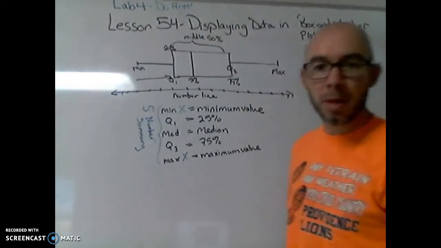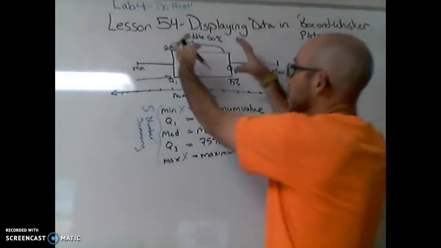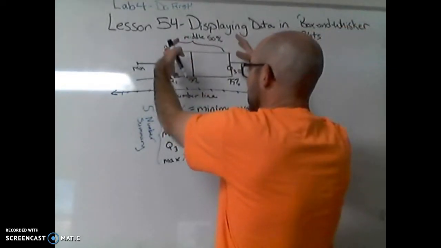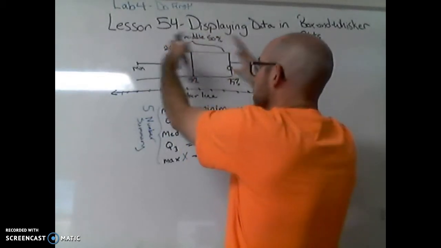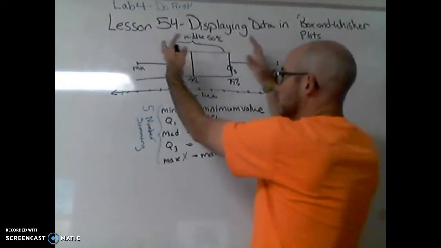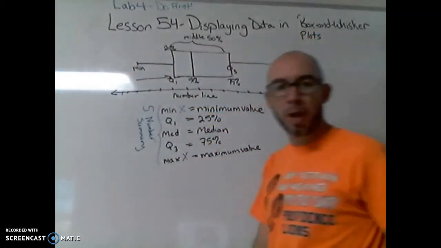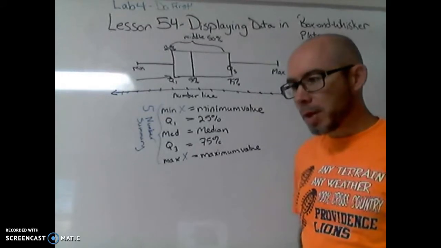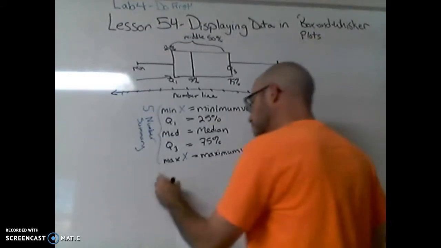Those 5 things are your 5-number summary. They tell you something about the middle of your data. They tell you about this middle 50%, where that median is, and how stretched out it is. If it's really tight, it means a lot of your numbers are really close, and if it's spread out, it tells you that too. So it tells you about the center and also the spread. There's one more thing that we're going to check for, and that is called an outlier.